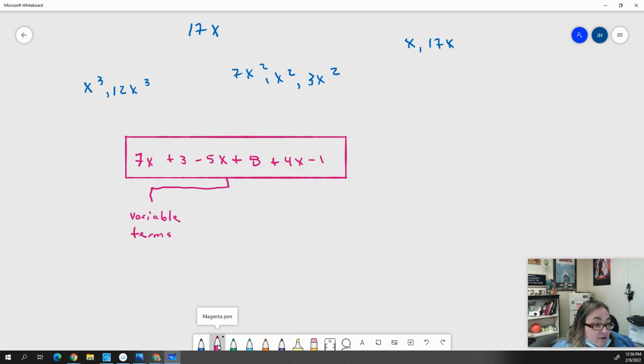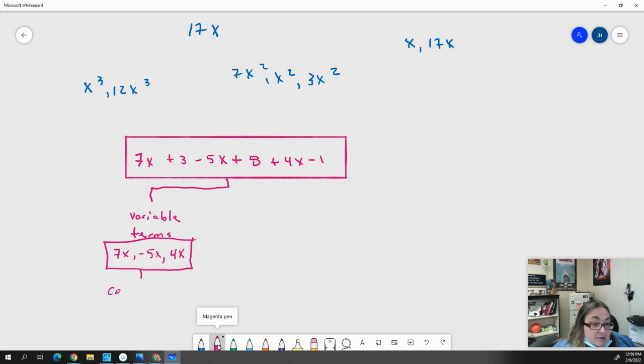So in this case, our variable terms would be 7x, negative 5x, 4x. These are all our variable terms. They are the terms with variables. The numbers that are attached to these variables are what we call coefficients.